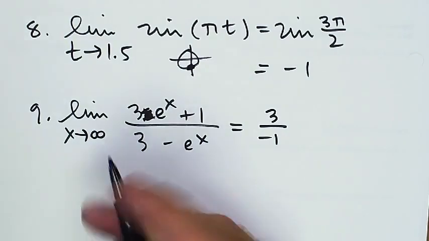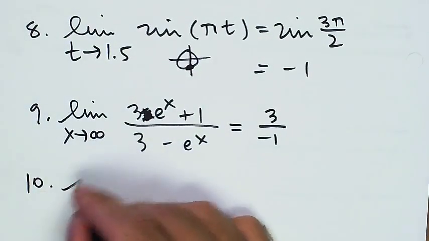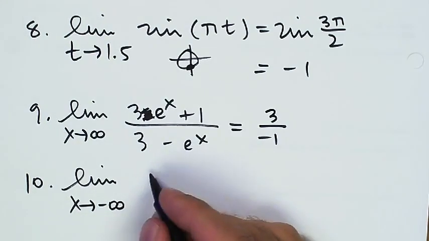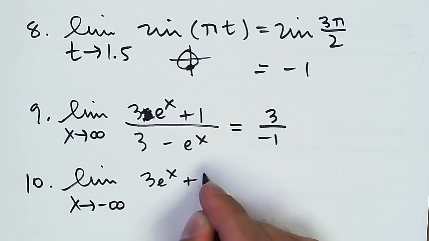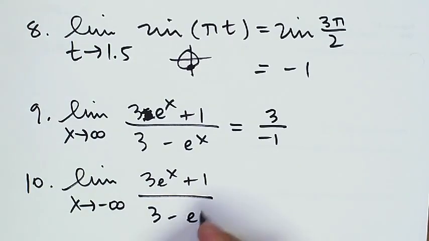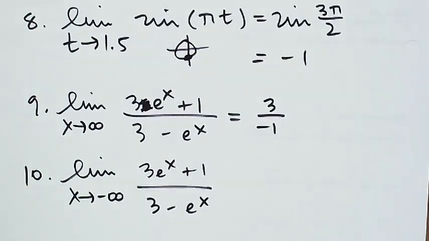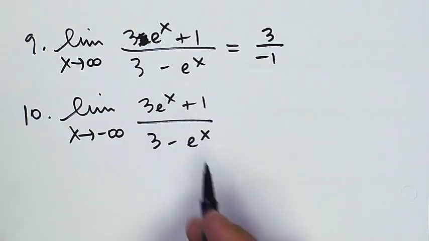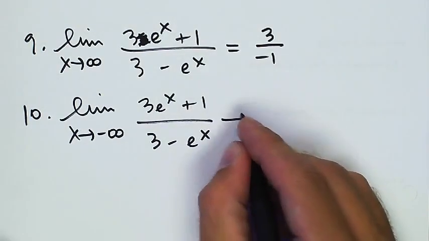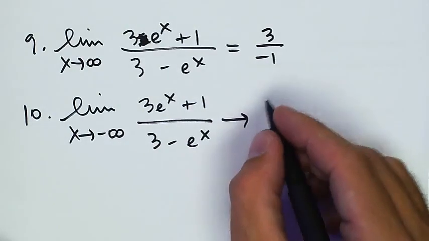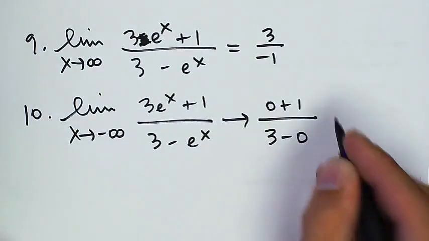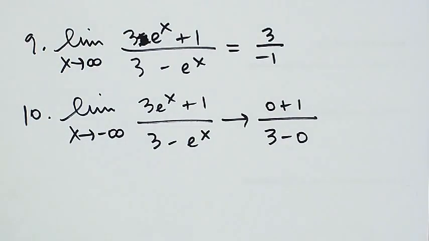Number 10 is going to ask about the limit as x approaches -infinity of 3e to the x plus 1 over 3 minus e to the x. And as x goes to -infinity, I told you in class, these e to the x's go to 0, right? So this is approaching 3 times 0 plus 1, which is 0 plus 1, over 3 minus 0, which is going to be 1/3. So, very different limits there.